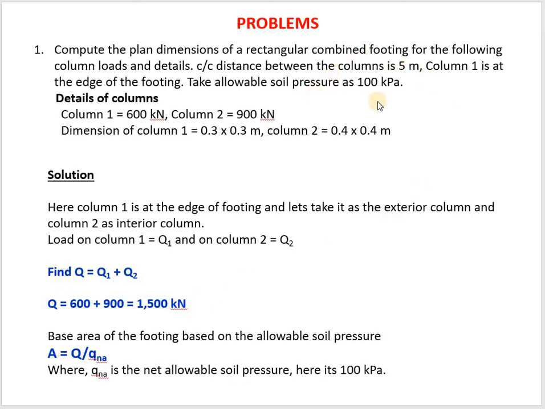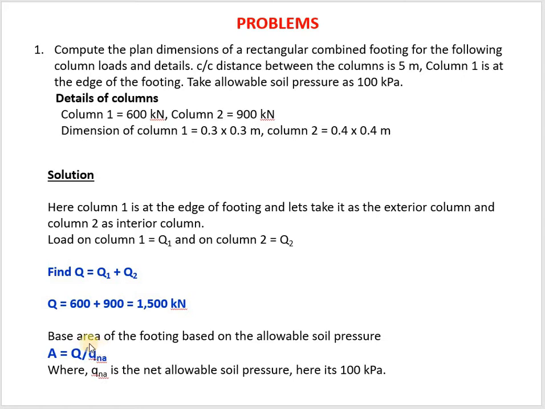Now you are given the allowable pressure on the soil, which is 100 kPa, and you have the total load of 1500 kilonewton. If you have the allowable pressure and the total load, you can find the area of the footing, the tentative area I would like to say, because after slight modifications the actual pressure may change.